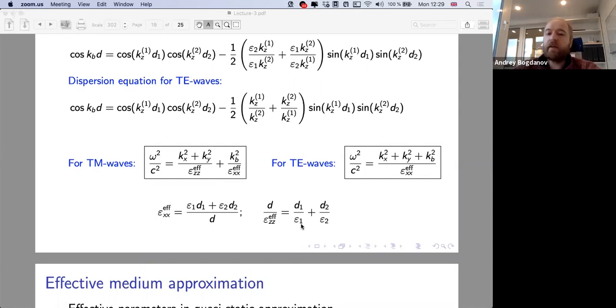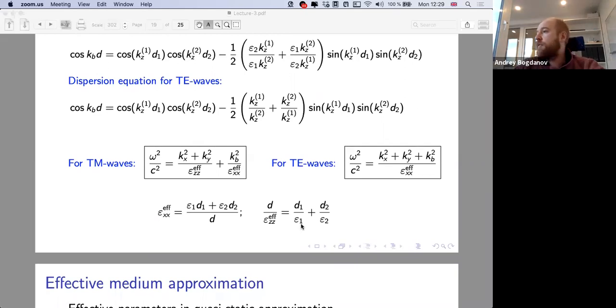This is called a metal-dielectric structure, and it is sub-wavelength. In this case, it's a very strong anisotropic uniaxial crystal.